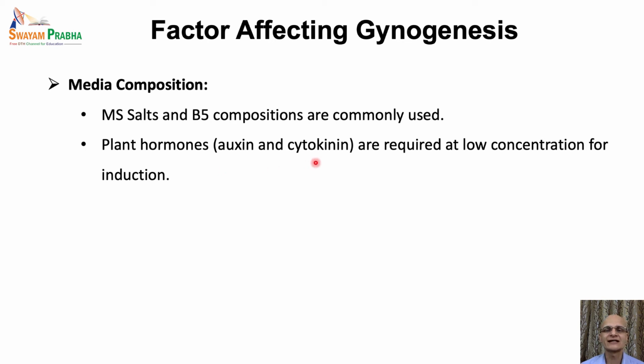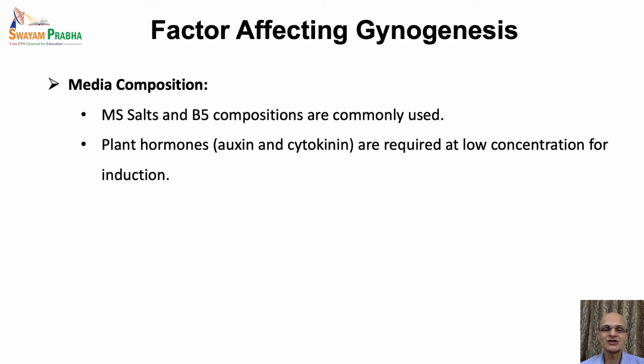Plant hormones, that is the auxins and cytokinins, are required at low concentration for the induction of gynogenic responses. Though in some species these responses have been reported without the use of growth hormones exogenously, like in maize.